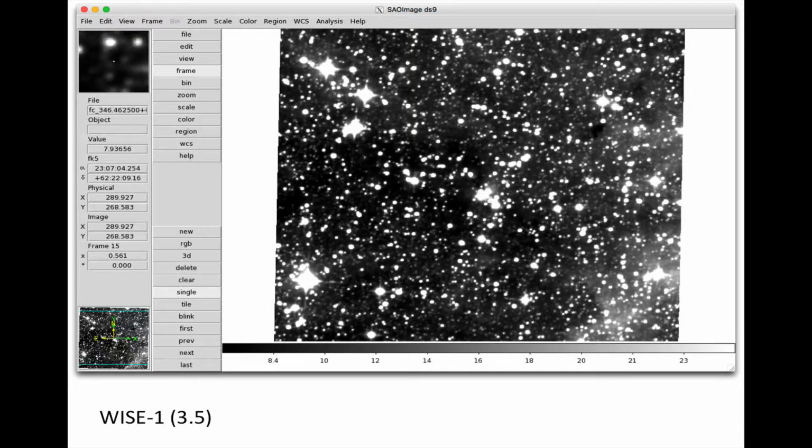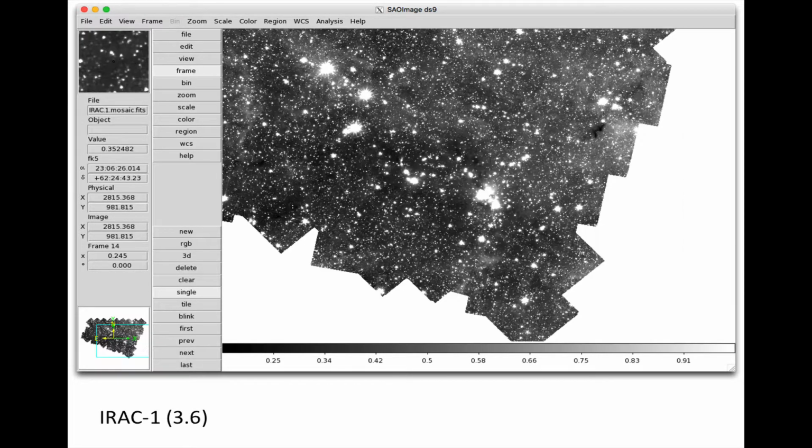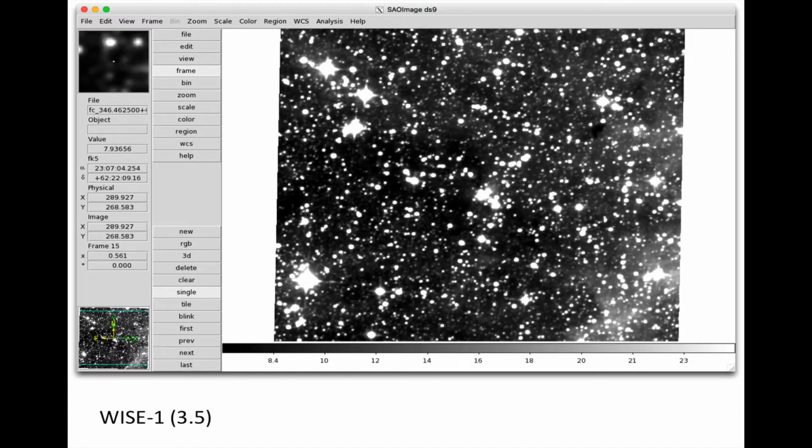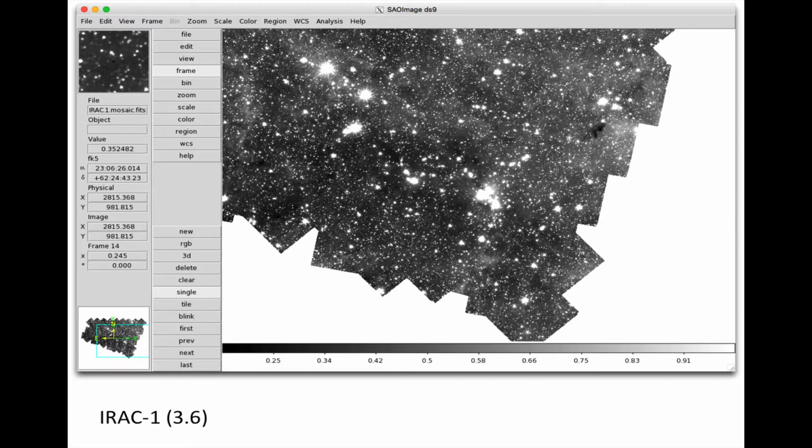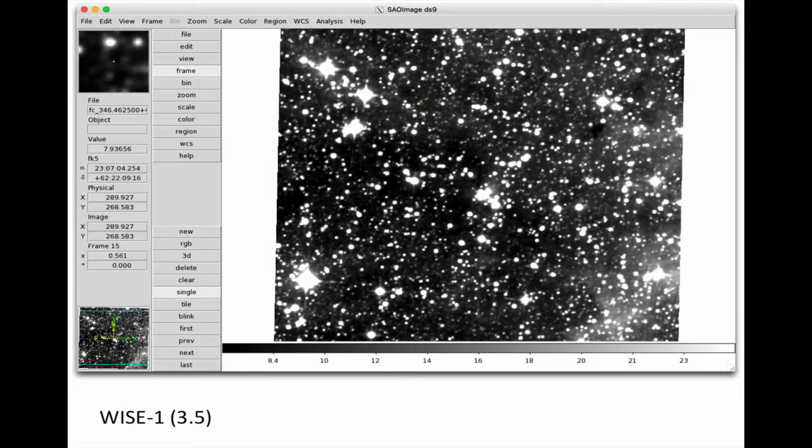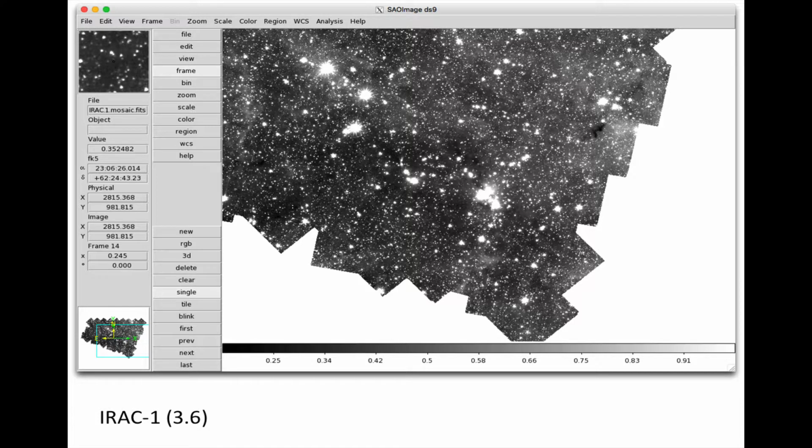So there's more time that went into the IRAC frame than in the WISE frame, and the telescope is more sensitive for Spitzer than for WISE. But look, the Spitzer data has an end to it. WISE data doesn't. That's just a tile chunk taken out of the all-sky survey. This jagged edge, those are the individual frames that went into mapping this region.